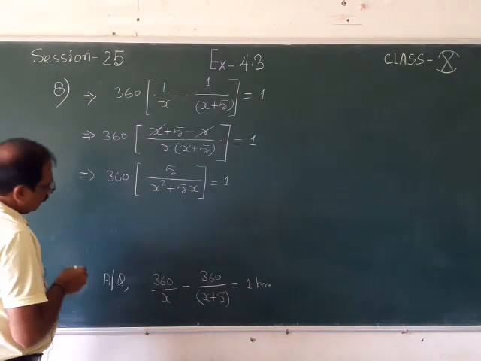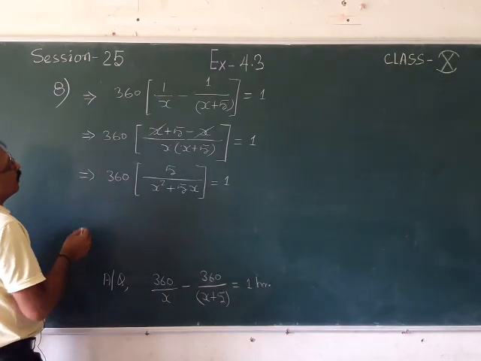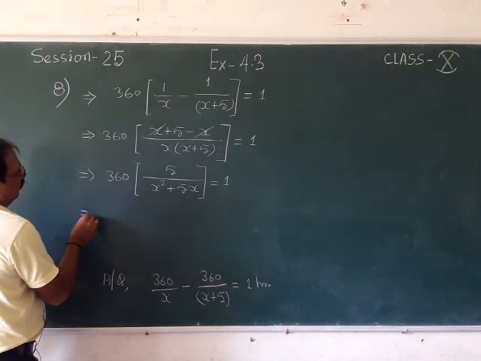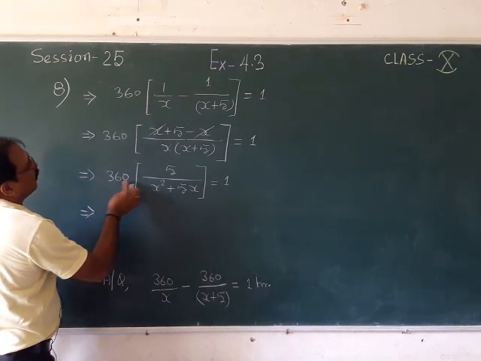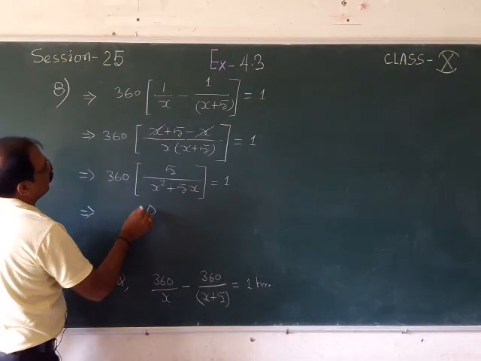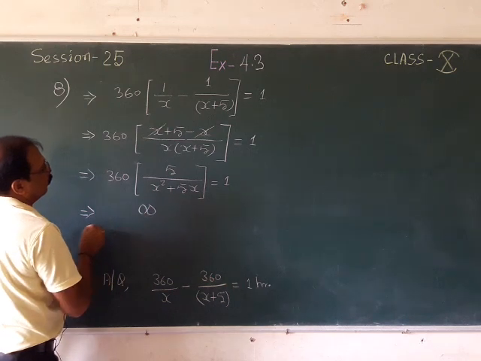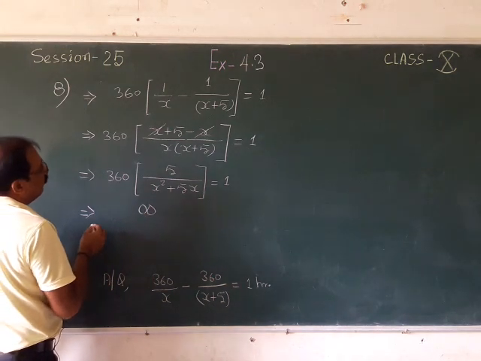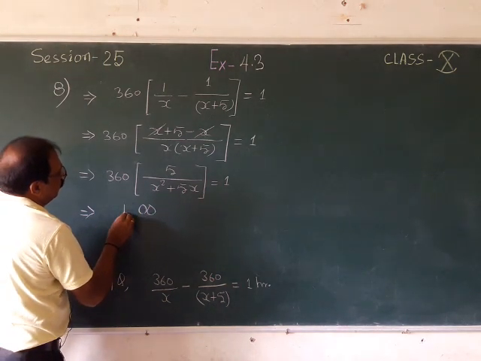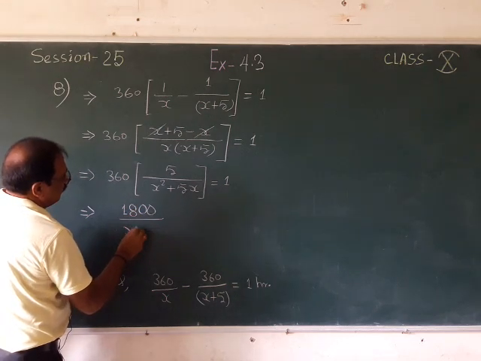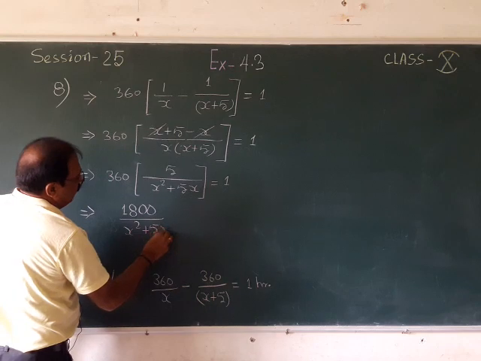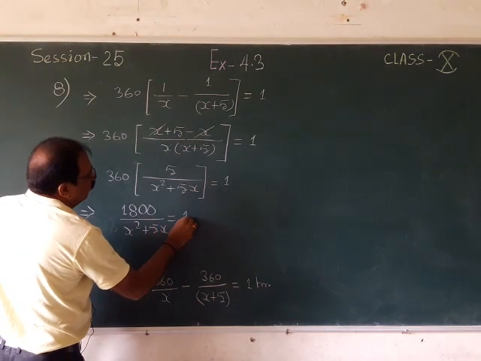Further, we can remove the bracket. So 360 into 5: 5 times 0 is 0, 6 fives are 30, 0 carry 3, and 5 threes are 15 and 3 is 18. So it will be 1800 upon x square plus 5x, and that is equal to 1.